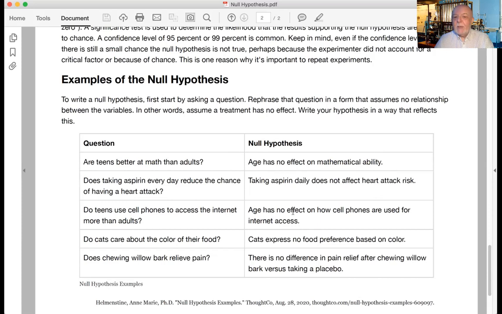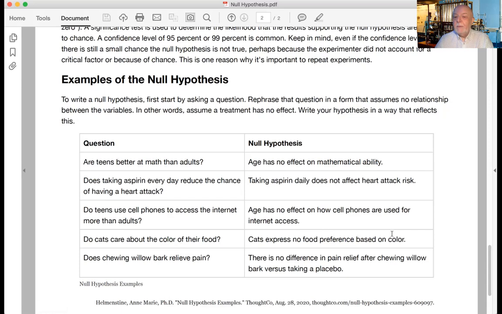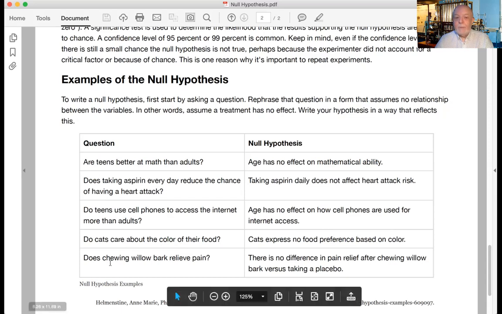Age has no effect on how cell phones are used for internet access. Do cats care about the color of their food? Cats express no preference to color. And does chewing willow bark relieve pain? There is no difference in pain relief after chewing willow bark versus taking a placebo.